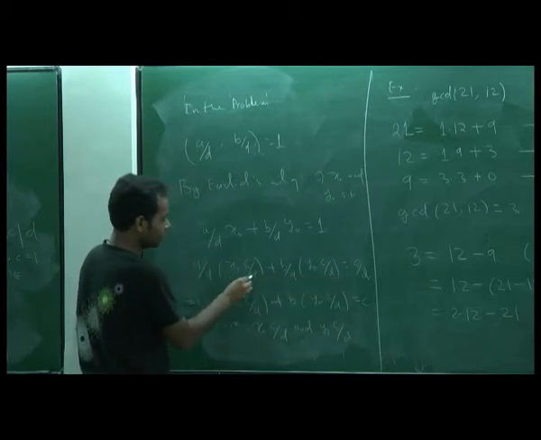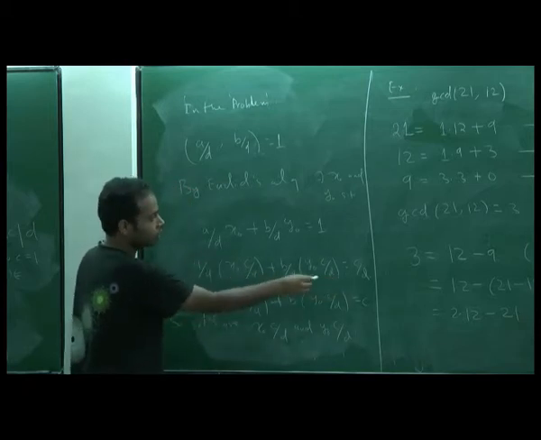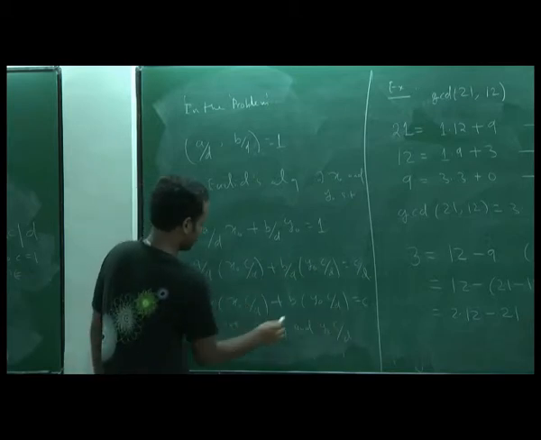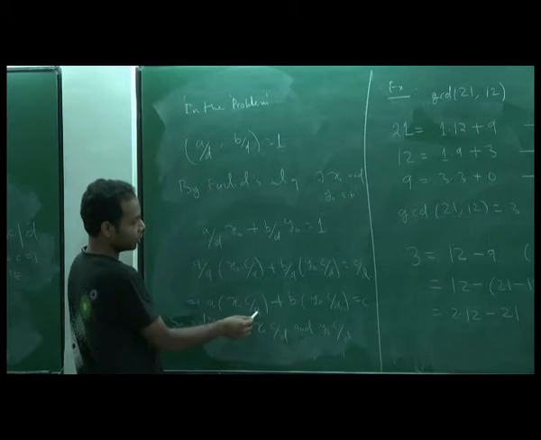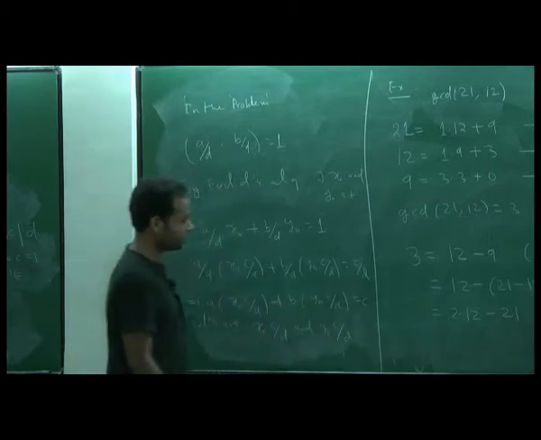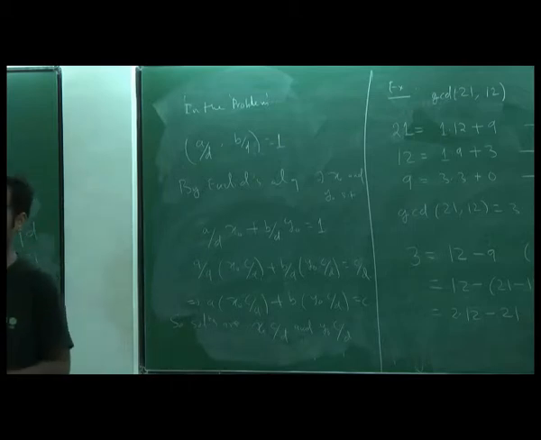I keep it in bracket and then cancel all these D's. So I have a solution to this equation. So x equal to x0 times C by D and y equal to y0 times C by D is a solution of this equation. So everyone understood? Clear?